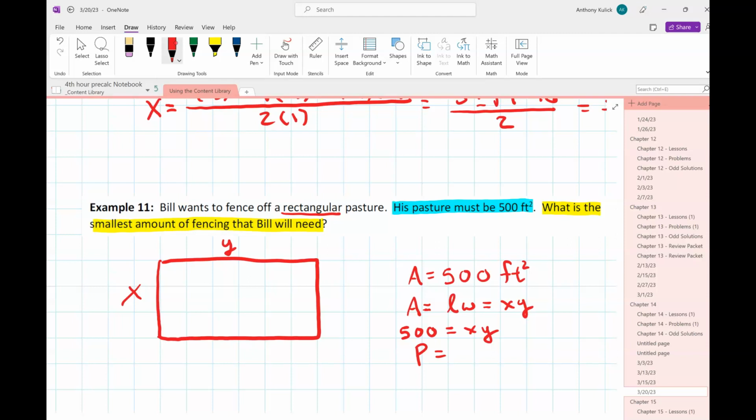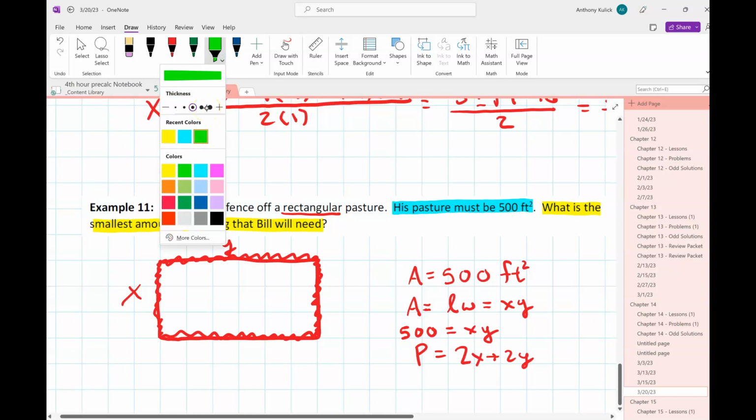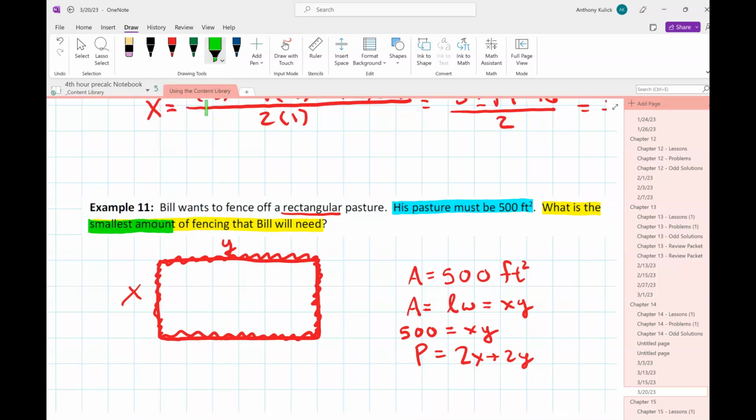Yeah, that's right. So we'd have x plus y plus x plus y, or just 2x plus 2y. Everybody's okay there? And then we're asked for the smallest amount of that. So what we're really looking for is the minimum value that P can have.